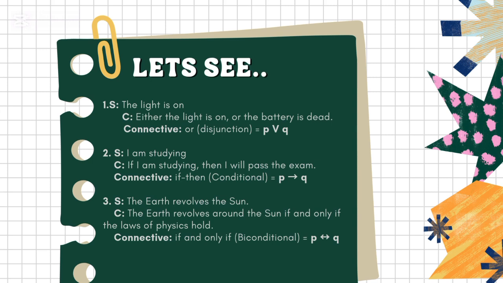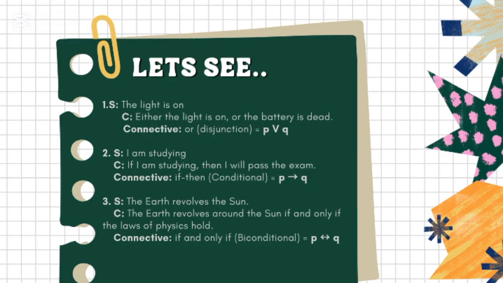The connectives used here are if then, a conditional. The last one is the simple statement the earth revolves around the sun, and the compound statement the earth revolves around the sun if and only if the laws of physics hold. The connective used here is if and only if.